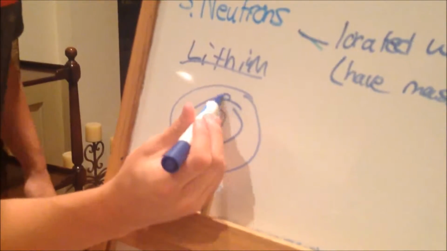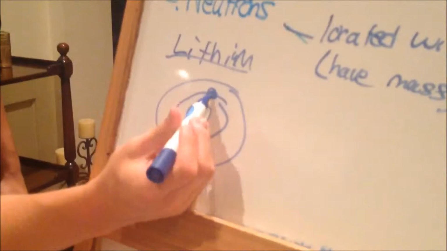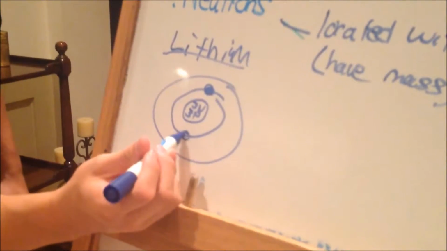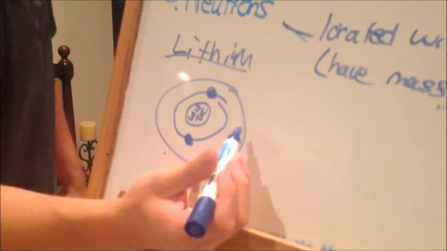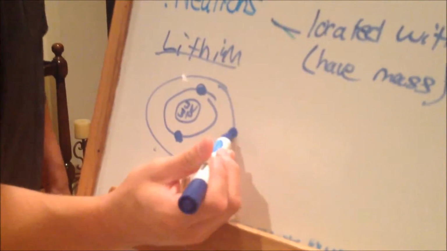Surrounding the nucleus on the first ring we have 2 electrons, and then on the second ring surrounding the nucleus is the 3rd electron.